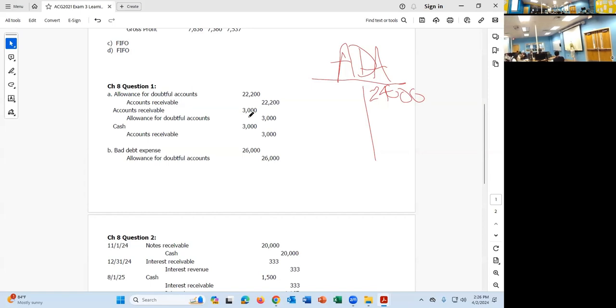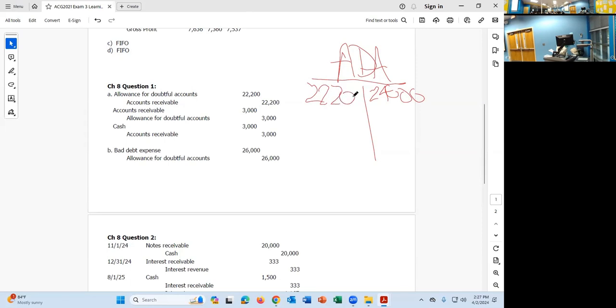We debited the allowance for $22,200 for the write-off. And we also credited the allowance for doubtful accounts for $3,000 for the amount that we recovered. So let's post those to that allowance for doubtful accounts and see where we're at. All right, we're there so far.